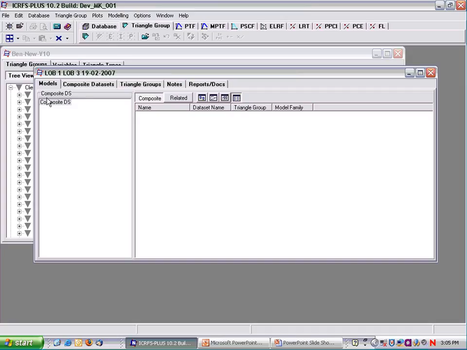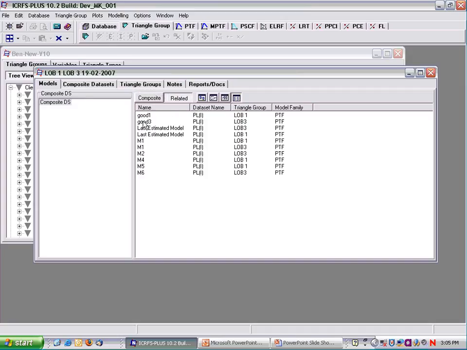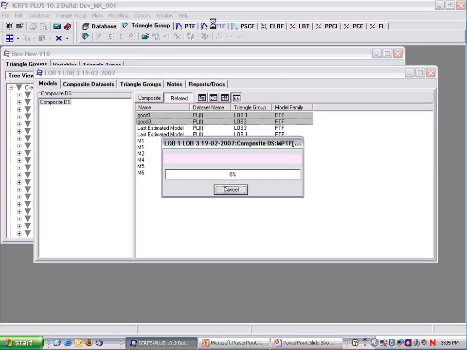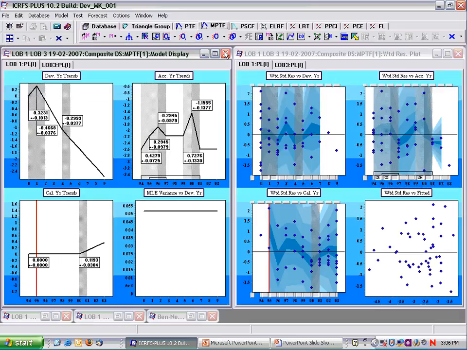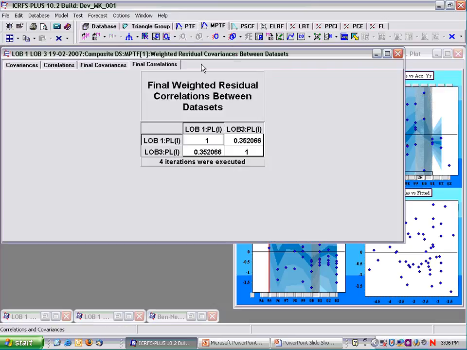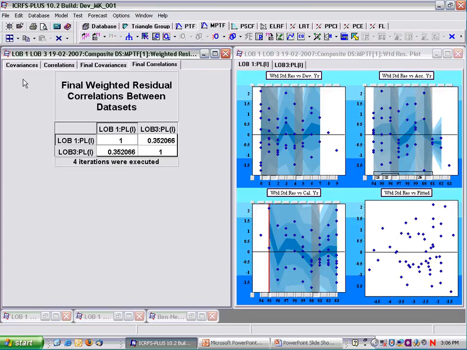If I go to models, there aren't any composite models, but they're related models, so let's run them, good 1 and good 3. If we run these two models now, we're actually using the correlations and the residuals. Let's find out what they are. Here are the correlations. We're using these correlations to estimate the parameters.